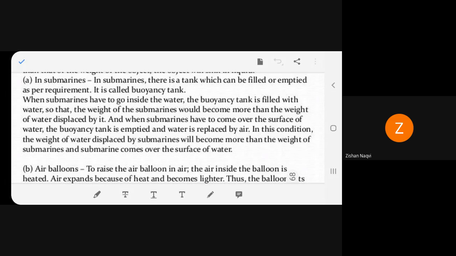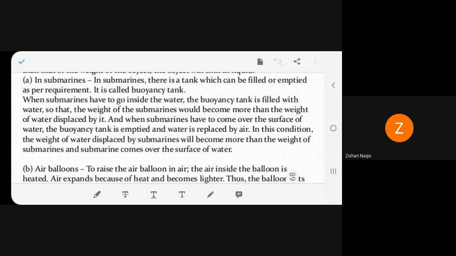And when submarines have to come up to the surface of water, the buoyancy tank is emptied and water is replaced by air. In this condition, the weight of water displaced by the submarine becomes more than the weight of the submarine, and the submarine comes up to the surface of water.